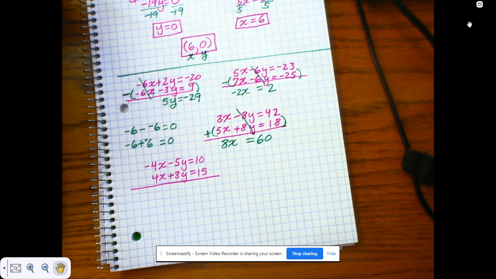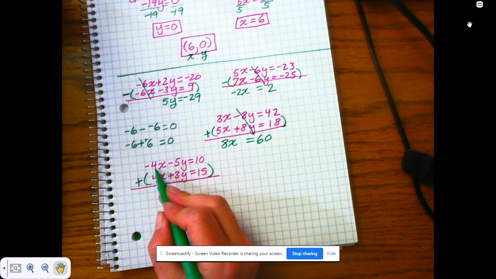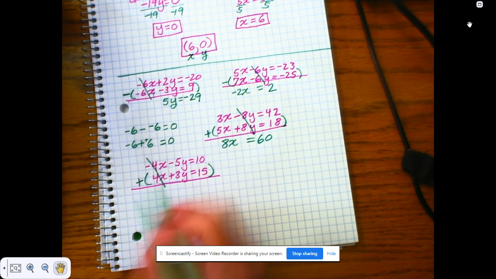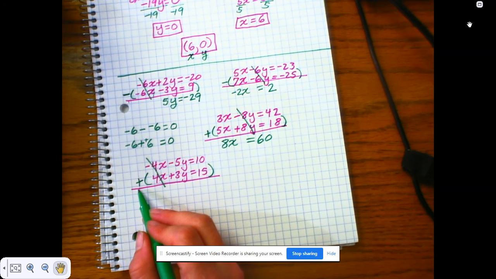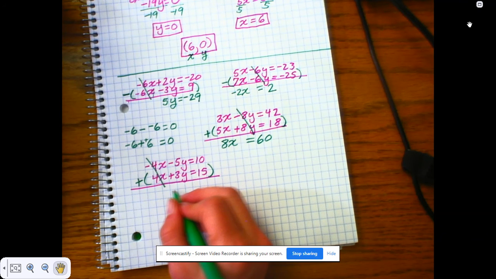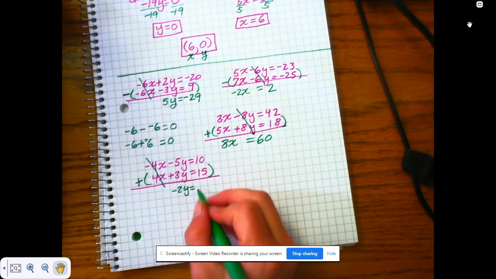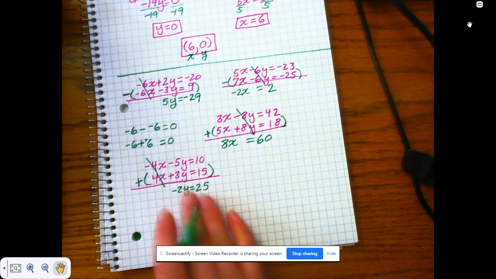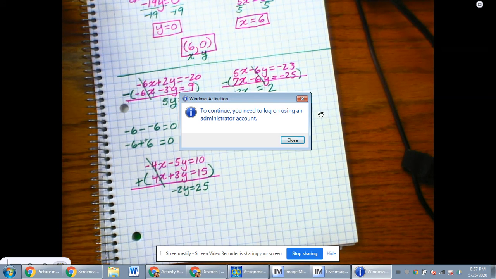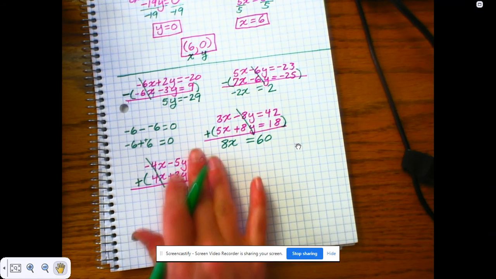So if I add these two equations together, negative 4x plus 4x gives me 0, and that's why I would add. Then negative 5y plus a positive 3y gives me a negative 2y, and 10 plus 15 gives me 25. Then I can solve for y and plug back in to solve for x. Again, we're just looking at times where I'm going to either be subtracting or adding.